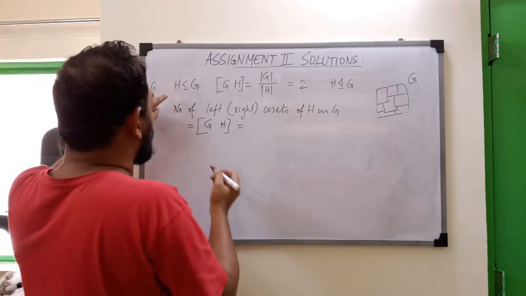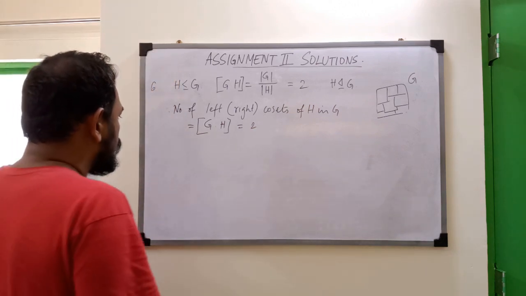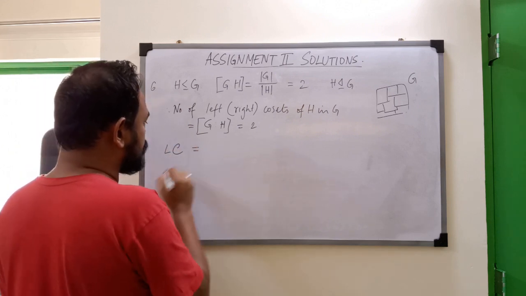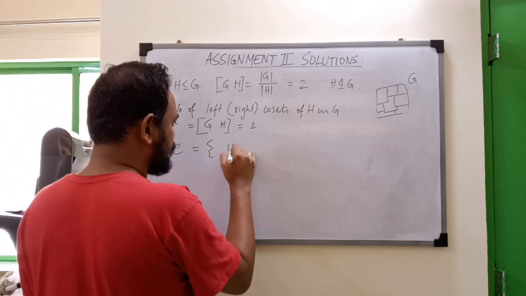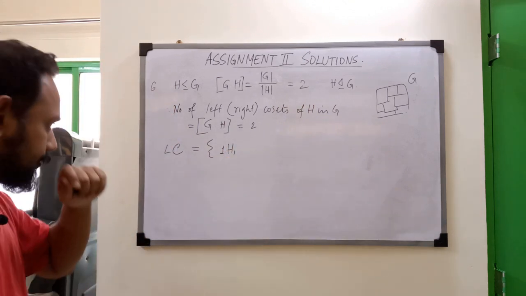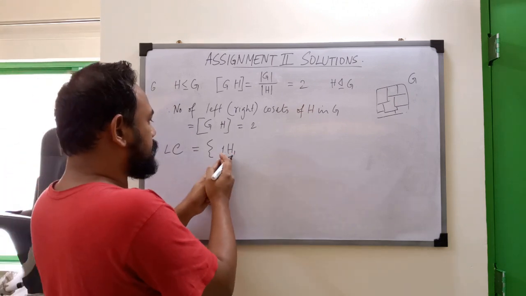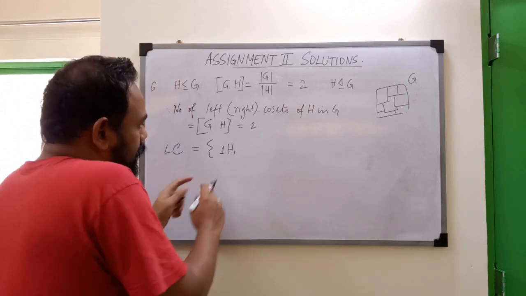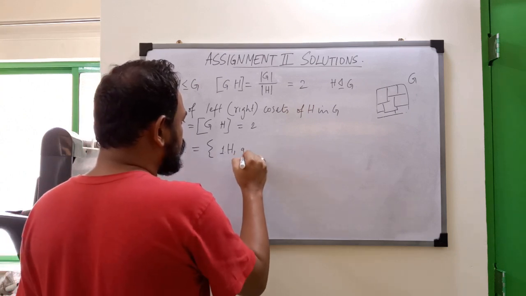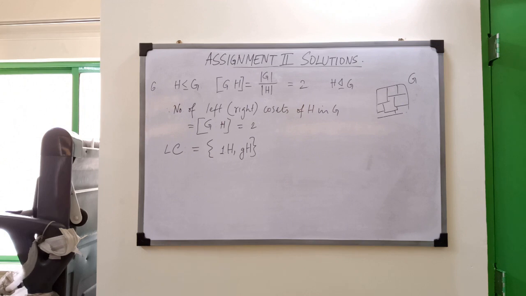But in this problem the index is given to be 2, so there are only 2 left cosets or 2 right cosets. So if I list the left cosets, what are they? One is H itself, because H multiplied by the identity, you remember, was one of the cosets. H itself as a subgroup could be represented as a coset because you multiply 1 with it from the left, and there would be something else, some other gH.